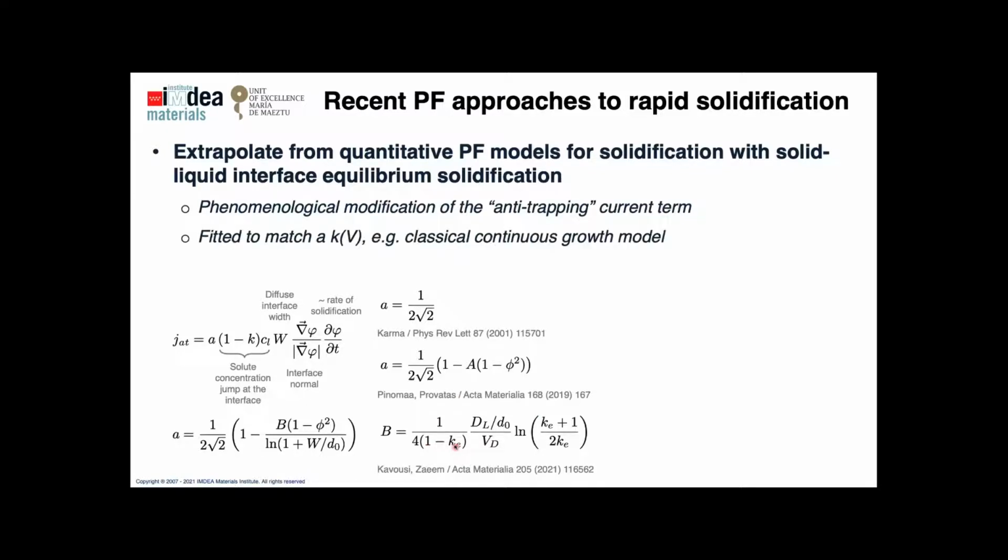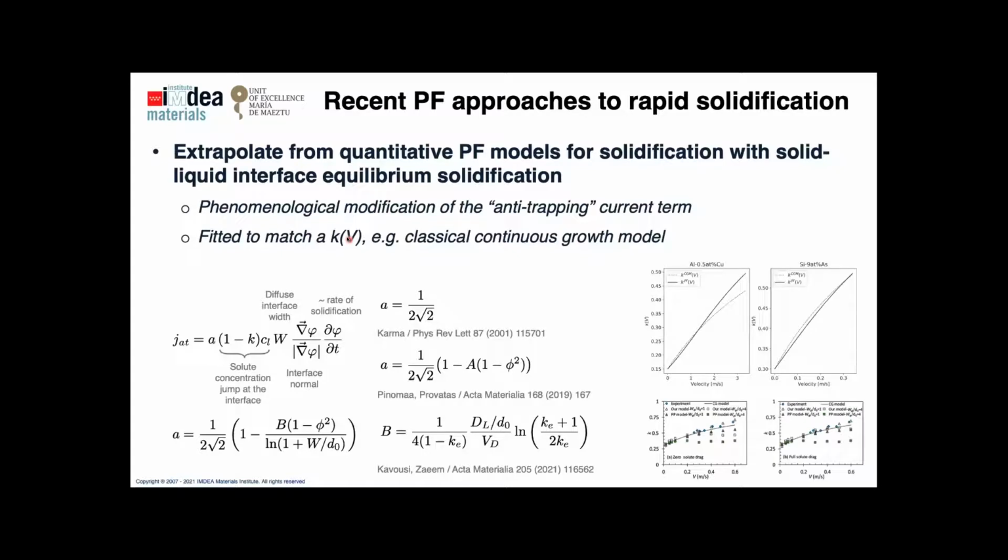And then you're adding additional parameters here, like this parameter A, that you can fit to match the evolution of your partition coefficient with velocity to some model that you want to match. For instance, the classical continuous growth model by Aziz, that I've shown, and Charland has shown also before.